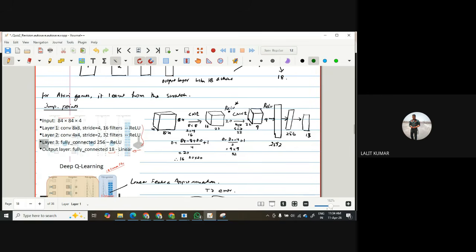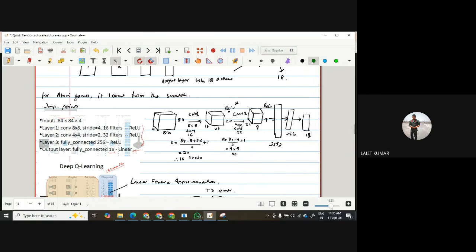Now again we use a 4 by 4 filter, 32 filters, stride 2, so we get 9 by 9 by 32. This 9 by 9 by 32, which becomes 2592, we flatten it. We pass it through a fully connected layer of 256 neurons and then to 18. Now when we pass this state and keep on taking actions, we do the backpropagation with respect to this.